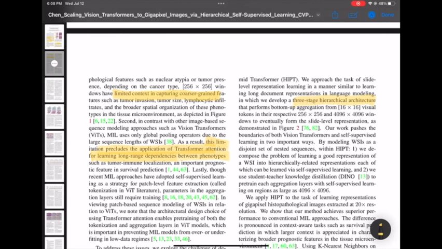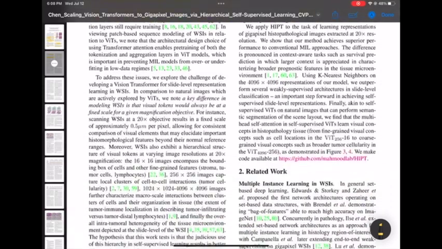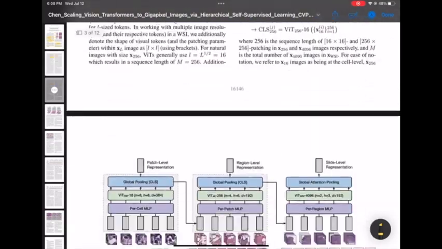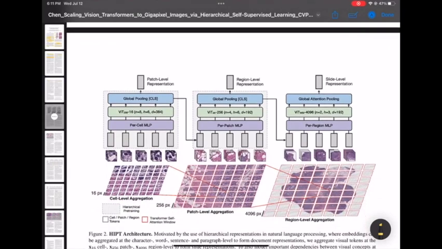visual tokens takes place. At 20x magnification, or half a micrometer per pixel, the visual tokens have the following sizes: 16 by 16 pixels, which represent cells and fine-grained histology features, 256 by 256, which represents clusters of cell-to-cell interactions, and then 4096 by 4096 images that represent macro-scale interaction between cellular clusters and tissue organization.